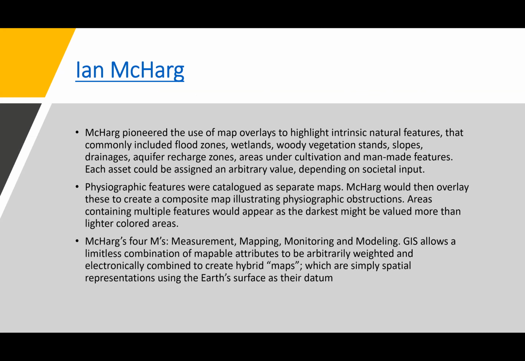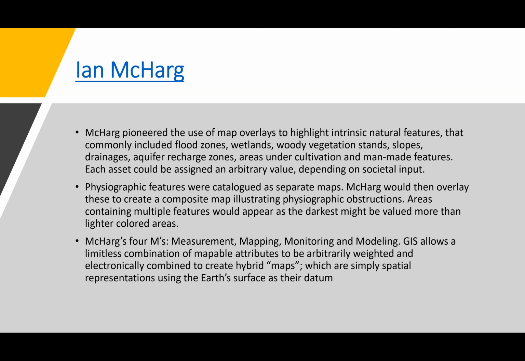And so Ian McHarg pioneered the use of map overlays to highlight natural features that commonly included flood zones, wetlands, woody vegetation stands, slopes, drainage, aquifers, areas under cultivation, and included man-made features.